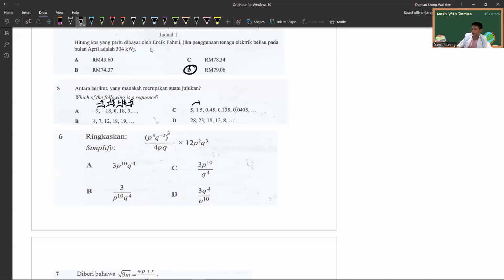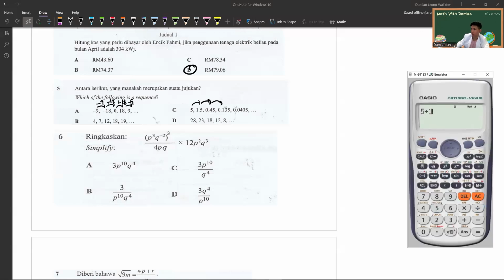5 to 1.5, 1.5 to 0.45, 0.45 to 0.135. If we try to divide, doesn't really make sense also. 5, I can't divide 1.5. Actually, I guess technically I can, times 10 over 3.